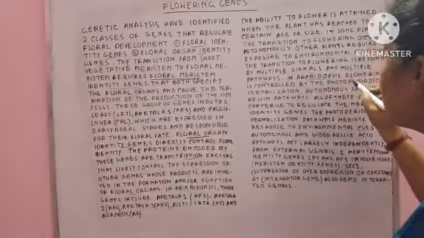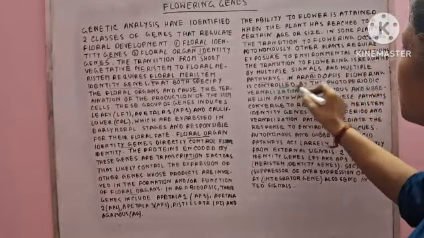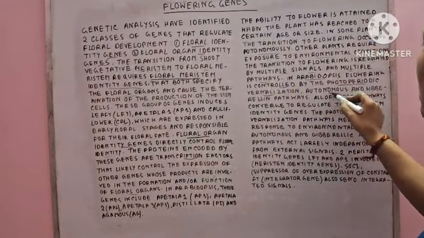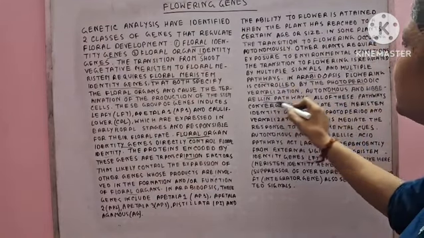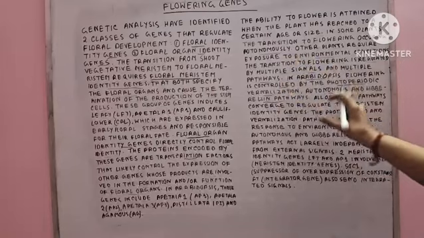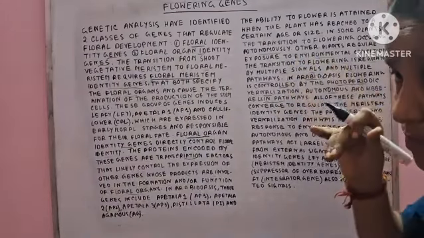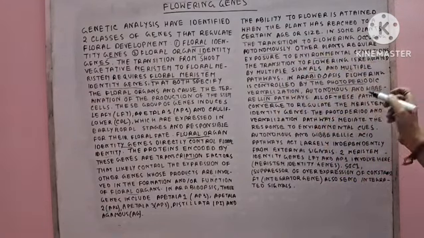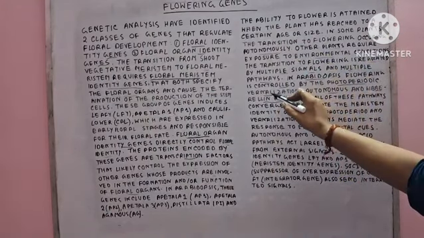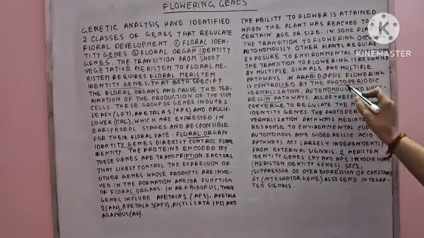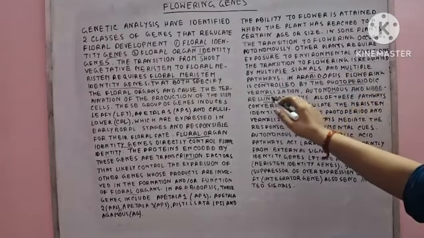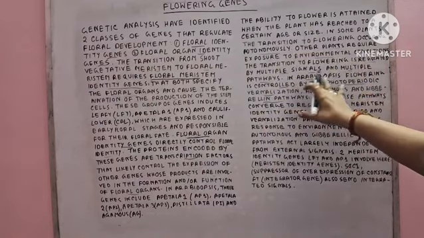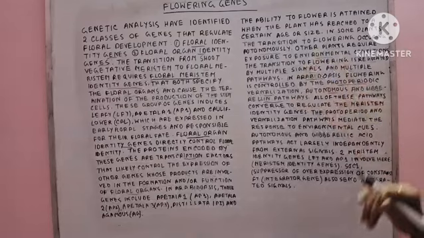In Arabidopsis, flowering is controlled by the photoperiodic, vernalization, autonomous and gibberellin pathways. There are 4 pathways seen in the Arabidopsis plant during the flowering process. The first one is the photoperiod, second is the vernalization, third is the autonomous and the fourth is the gibberellin pathway. So 4 pathways have been seen in Arabidopsis flowering.